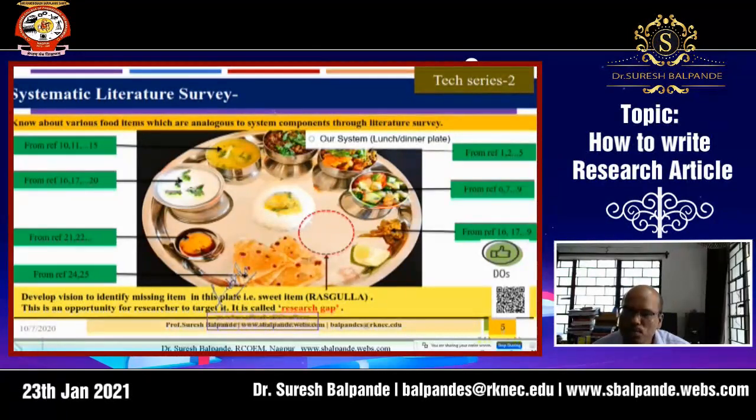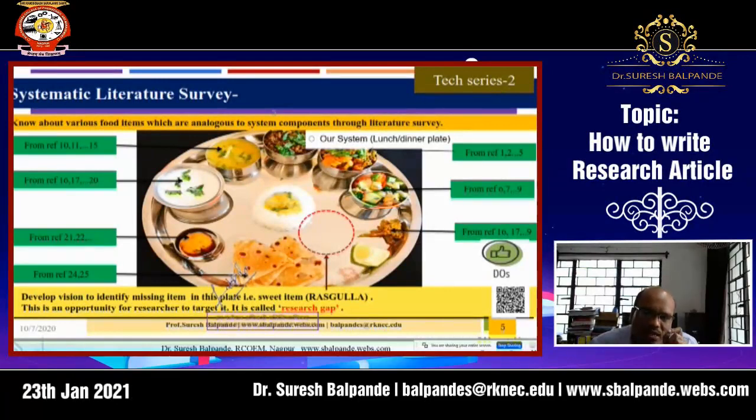Now, once you get this picture, we have to find the research gap. What is the research gap in this case? Suppose you have referred to more than 25 papers, as per this picture. You are getting all these food items. But one thing is missing here, and that is the rasgulla. The sweet item is missing.